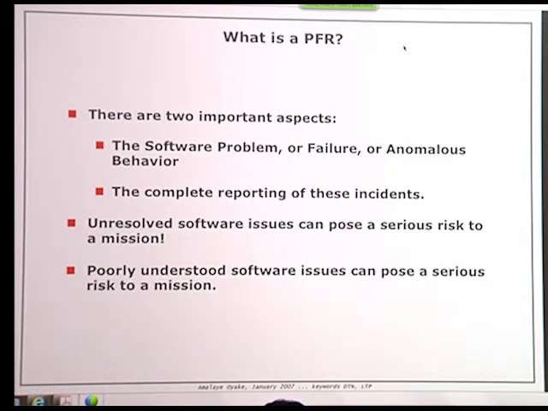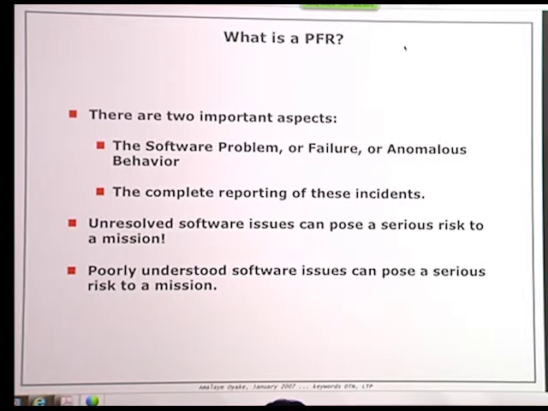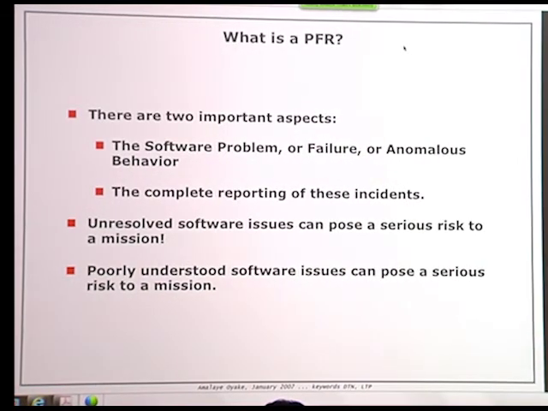Okay. So there are two important aspects of this: the software problem itself, or failure or anomalous behavior, and the complete reporting of these incidents. A software issue in the flight software manifests itself somewhere, and you really want to get to the bottom of that. Not only solve it, but disseminate the information about this software problem to the other project members.